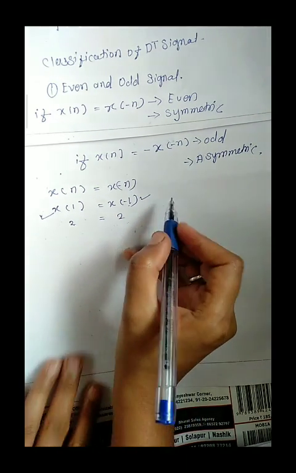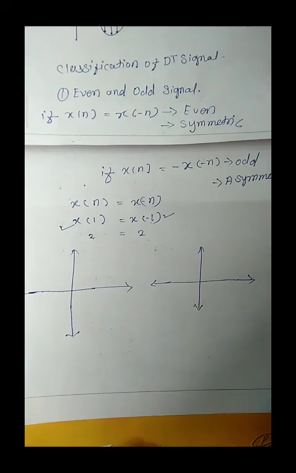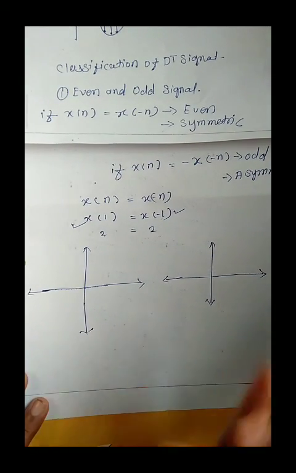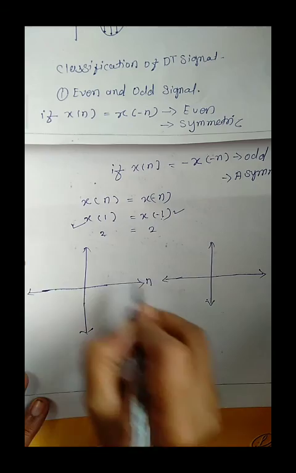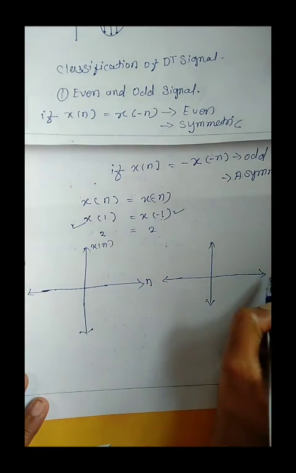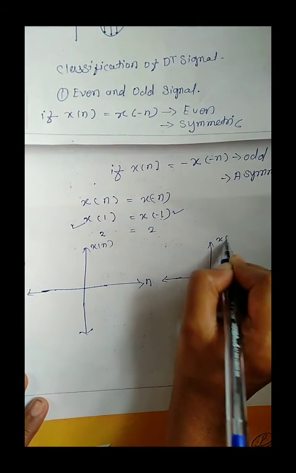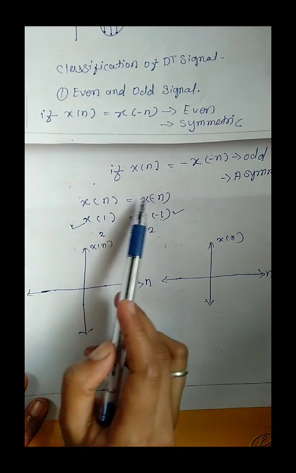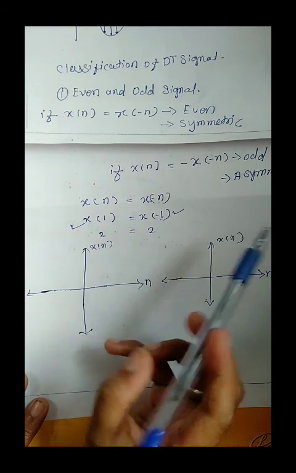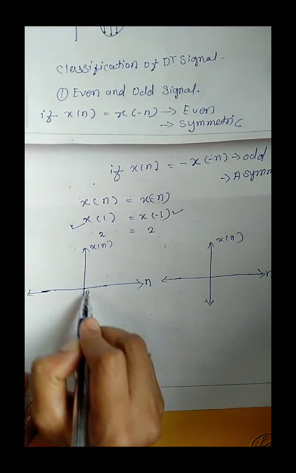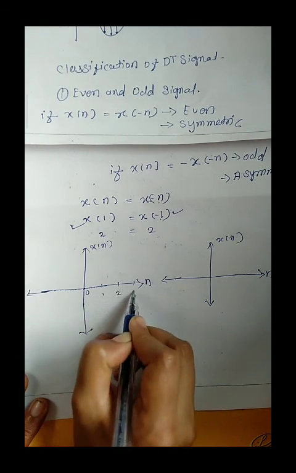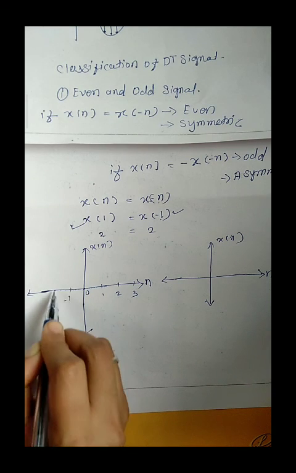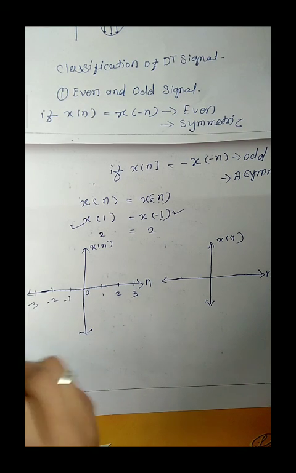Now I will show you on a graph. This is n, this is x of n. The value of x of n is equal to the value of x of minus n. This is 0, 1, 2, 3, minus 1, minus 2, minus 3.